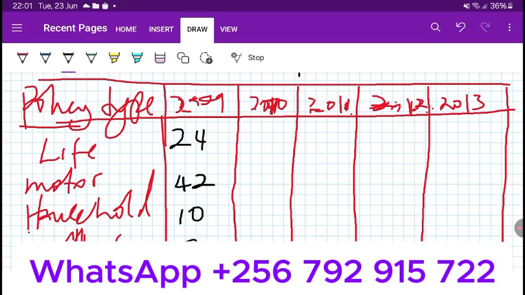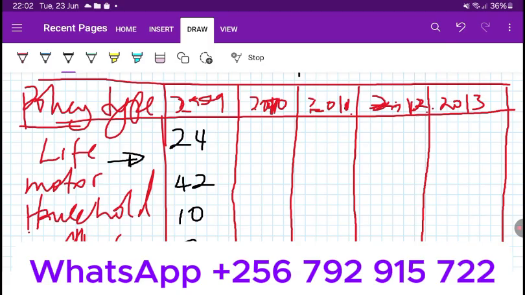Now we go ahead and we add life. What will be the figure for life? Now we are adding horizontally. We add as we move this side. Let's finish the life column, the life insurance type. For life in 2009 we had 24, 2010 we had 27, 2011 we had 32, 2012 we had 31, then 2013 we had 33.